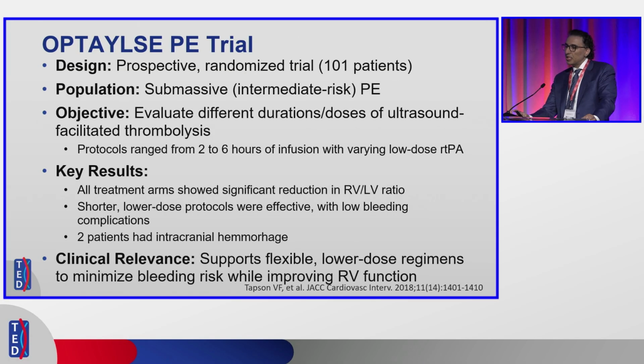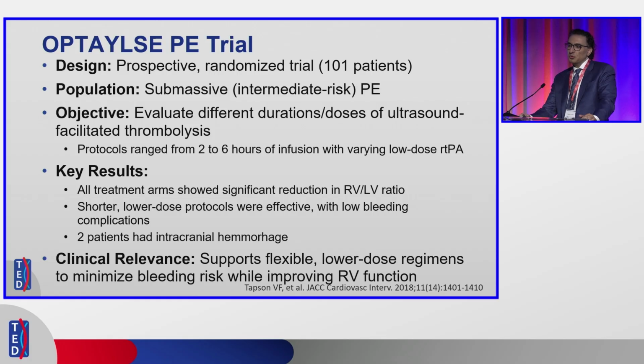OPTALYSE then took it a step further and randomized patients into different doses and different infusion times. All treatment arms showed a significant reduction in the RV-LV ratio, including the shorter, lower dose protocols. They were effective with lower bleeding. Two patients of note did have intracranial hemorrhage.